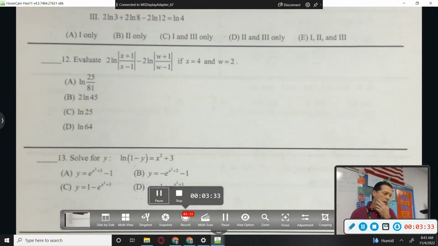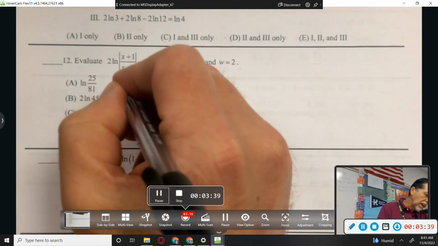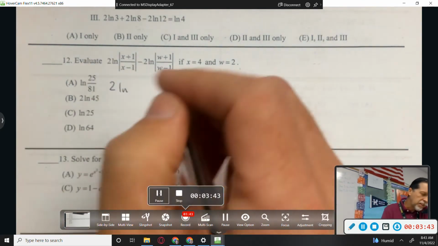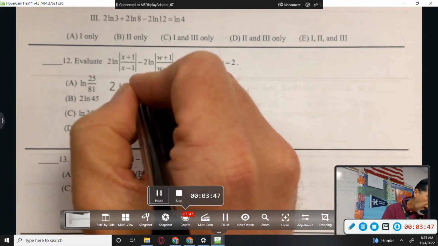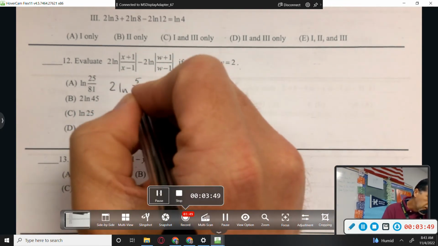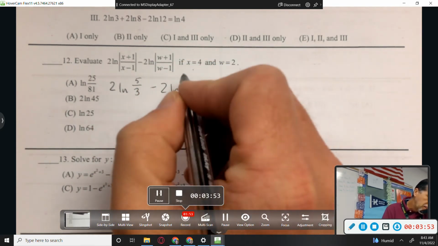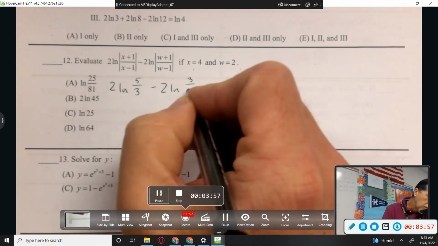Number 12 on the review. Evaluate if x is 4 and w is 2. You just plug it in, right? So you just plug it in, but obviously there's going to be some simplifying that needs to be done. 4 plus 1 is 5. 4 minus 1 is 3. 2 plus 1 is 3, and 2 minus 1 is 1.